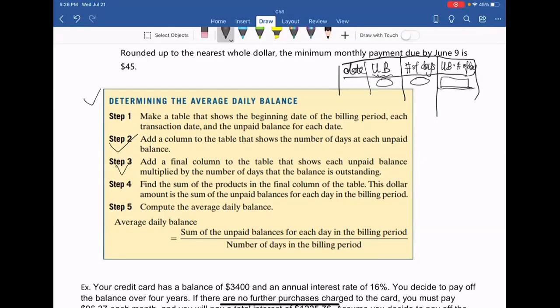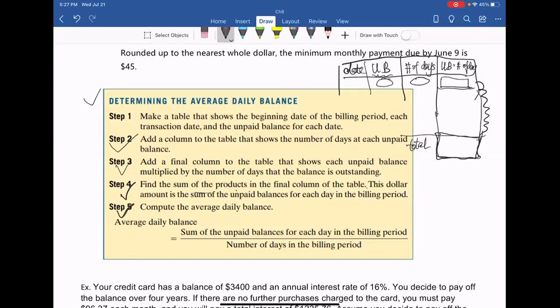The next step, find the sum of the products in the final column of the table. At the end of the table, we need to add a total. You sum up all of this. That's the sum of unpaid balances for each day in the billing period.